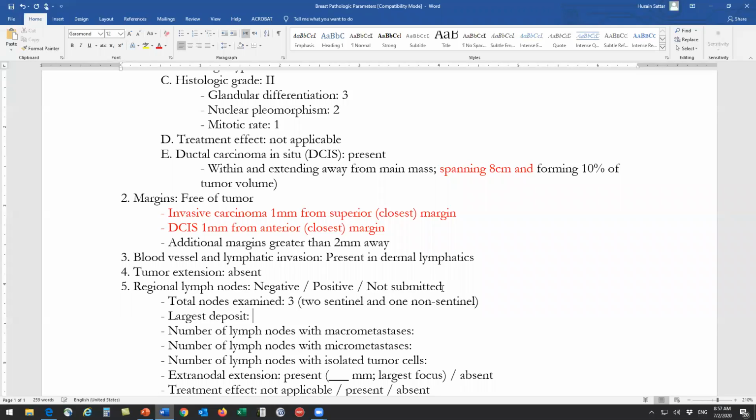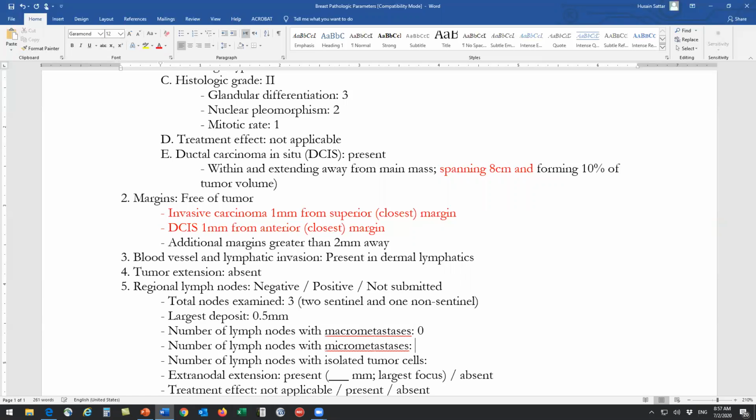So you need to comment on the largest deposit. Here we would just write the size, and we won't include less than 0.2. So you might say, I don't know, 0.5 millimeters. Okay, so in this count, we will say the total number with macromets would be 0.